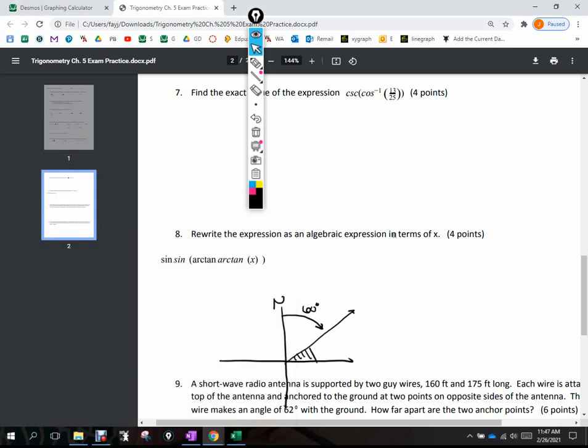I should only be asking the sine of arctangent of x. I don't know the reason for the duplication there of the sine. I'm only going to ask that on the test on Tuesday.